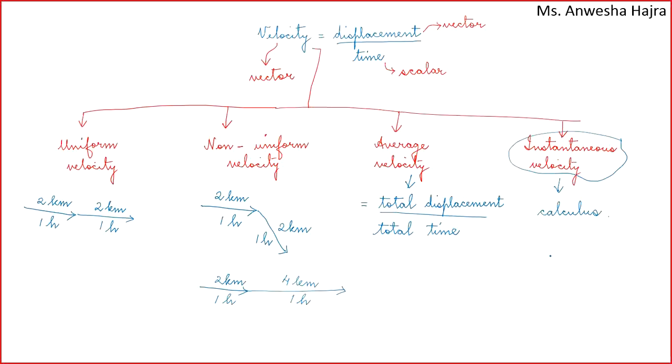So the basic idea of uniform velocity, non-uniform velocity, average velocity is needed here. Velocity is a vector quantity. Say for example, you have a body moving in a circle.